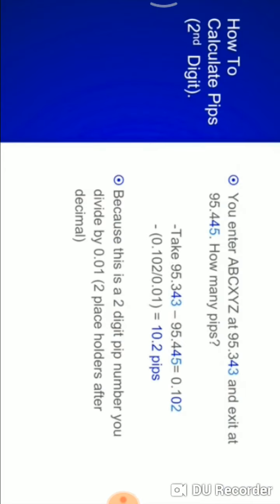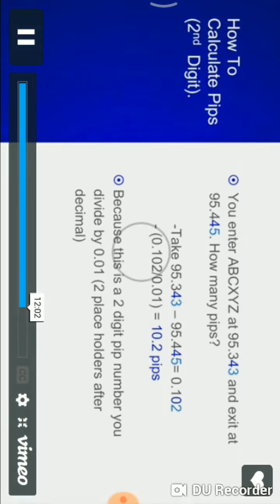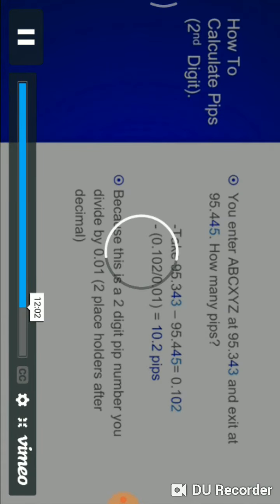Let's calculate what it's like. Are you sick? Yes, I'm sick. 95.343. I didn't realize all this rhymed. 95.445. How many pips did you gain? Did she tell you about the part where she met some woman who was telling her she needs to go to the doctor just to get the antidepressants? Yeah, she told me. But does she do that when she's sober? What is this chick?